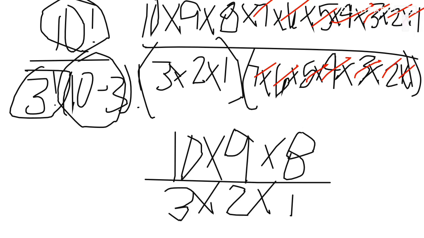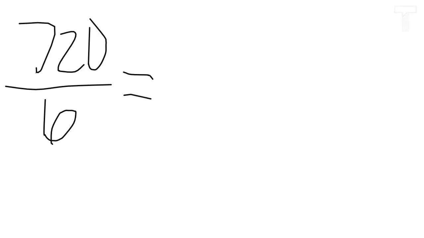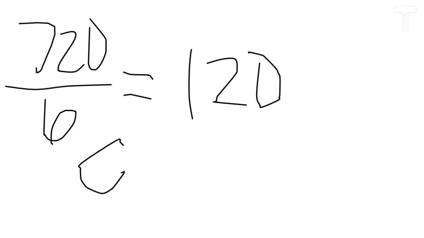And 10 times 9 is 90. And 90 times 8 is 720 over 3 times 2 is 6 times 1 is 6. Then you just simplify and you get 120. So C over 10 and 3 equals 120.